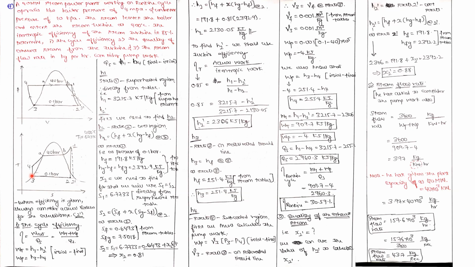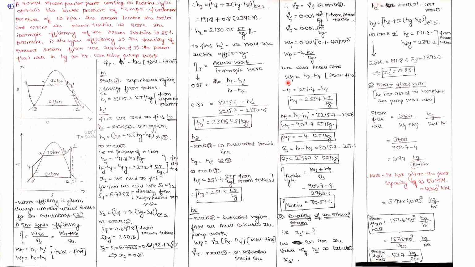Look into the steam table, take the value of VF at 0.1 bar, that would be V3. You know P3 and P4, so the pump work would be this much, minus 4 kilojoules per kg. Pump work is also given by H3 minus H4, correct? H3 minus H4, initial minus final. So you know WP, substitute H3, you'll get the value of H4.